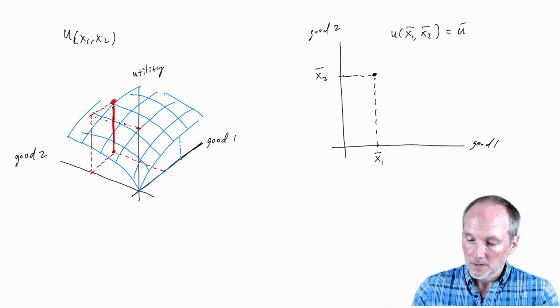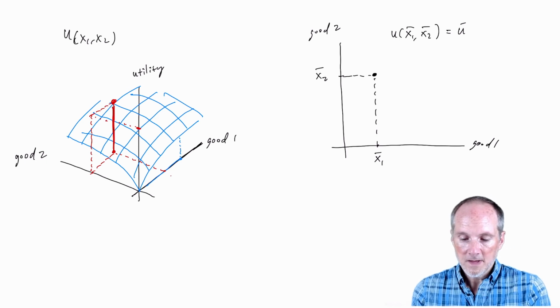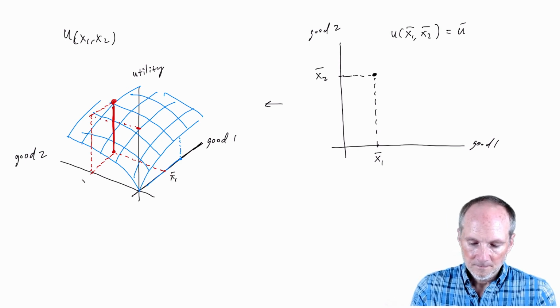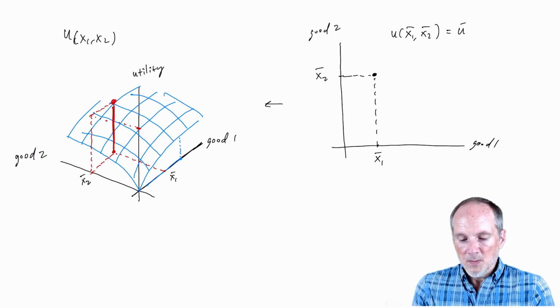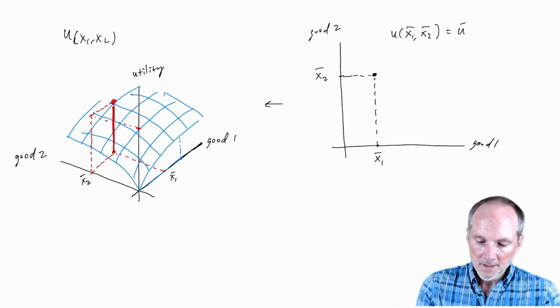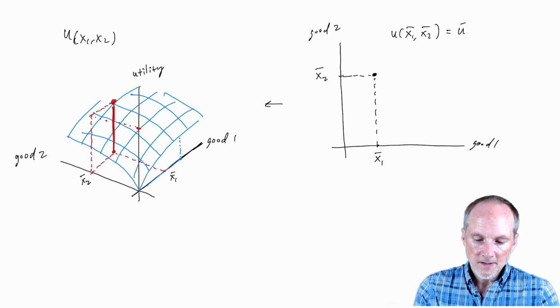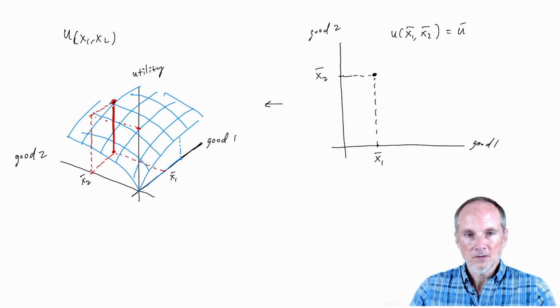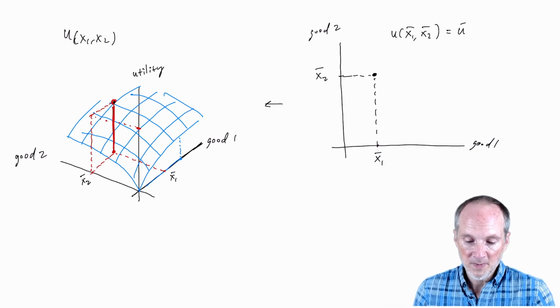Now, over in this three-dimensional picture, that bundle has this utility, but you can now imagine, suppose you were standing on that hill right over this bundle, so your altitude is equal to the utility from that bundle.